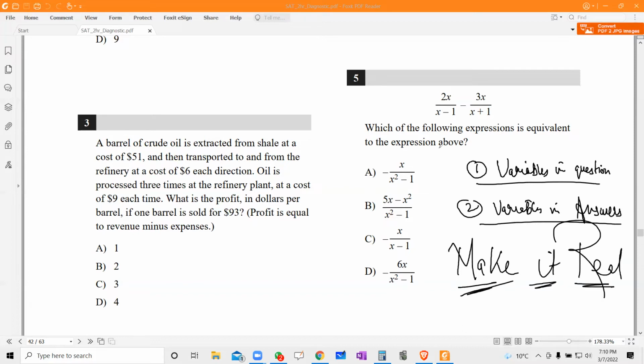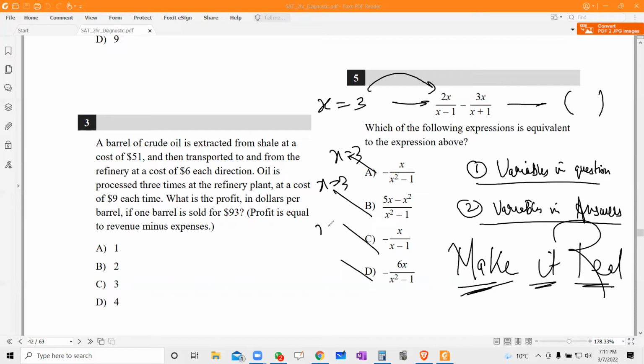Make it real means you yourself plug in some number for x in the question and make it a simple number, and check that number in the options by plugging in the same value of x. For example, if you're plugging x as 3 in the question and you're getting some number, then plug in x as 3 in the options also, and see where you are getting the same number which you got there.